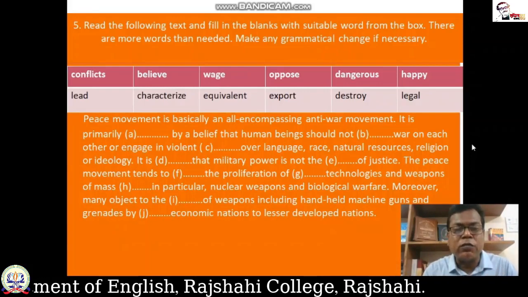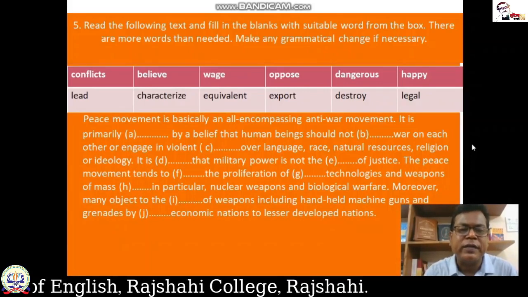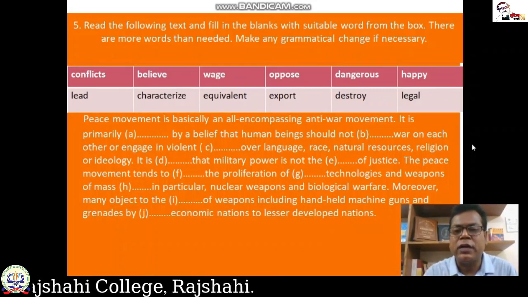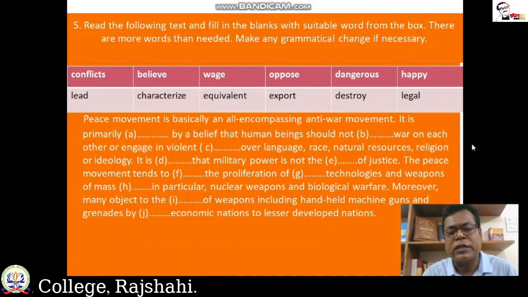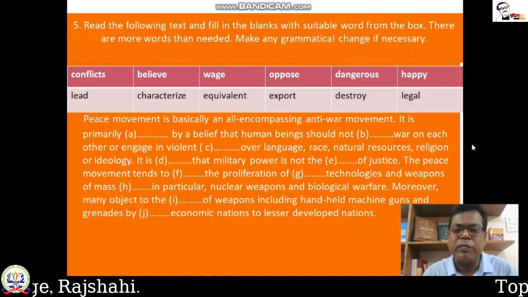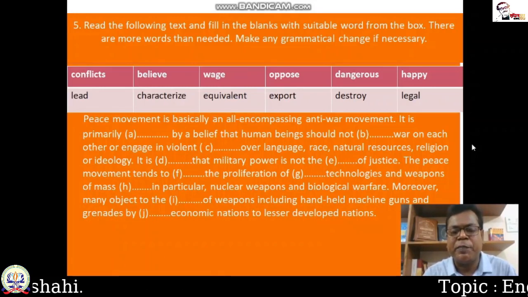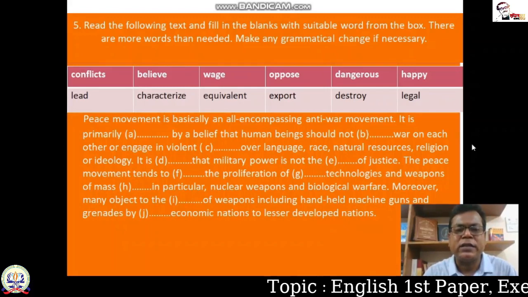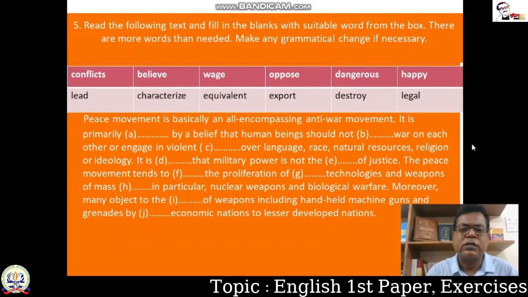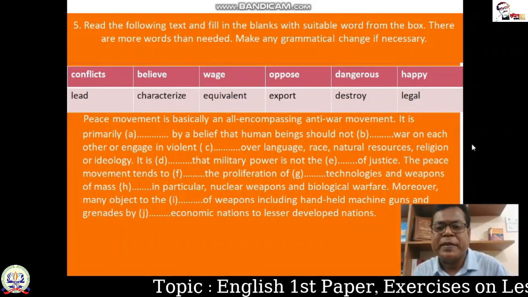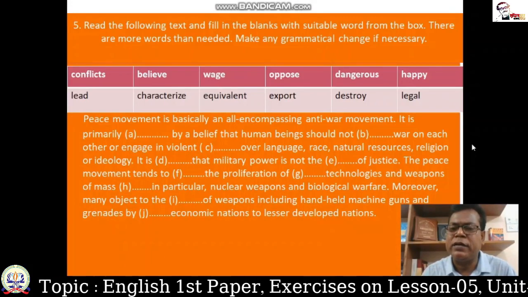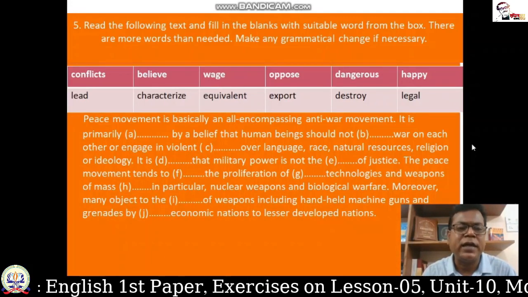They do not want rich countries to export arms or weapons to the poor countries. So, moreover, many object to the dash export of weapons, including handheld machine guns and grenades.